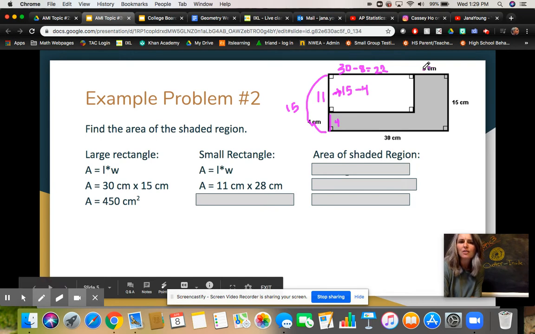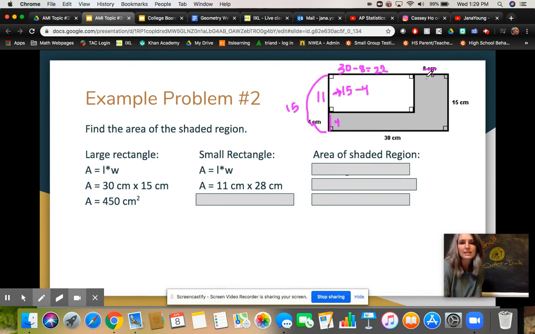Let's call this 2, so that the problem actually makes sense. So let's say the whole side is 30 and this bit is 2. So 30 minus 2 is 28. Now it matches, right?